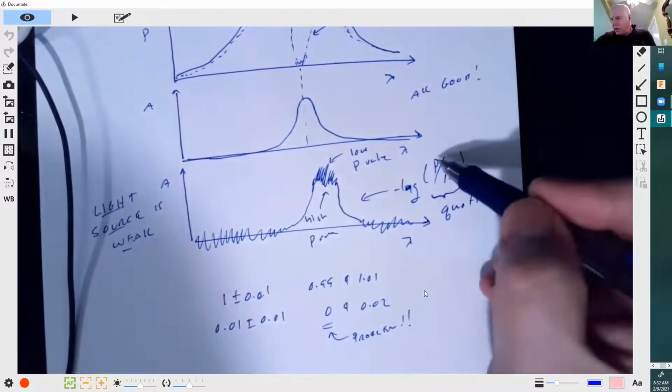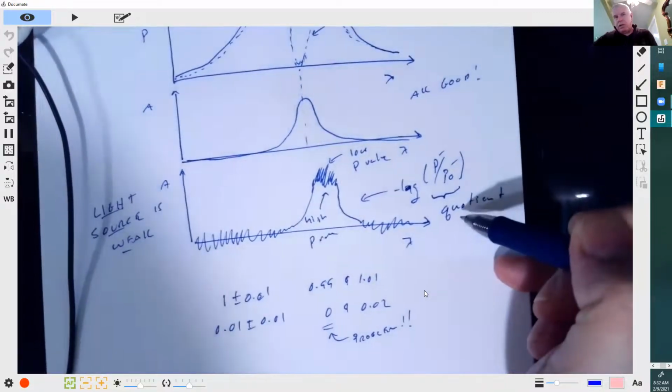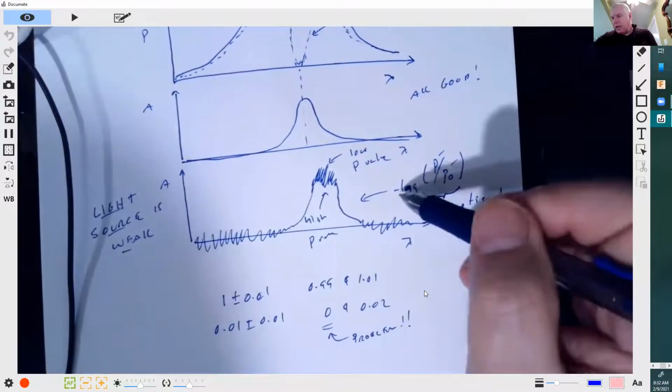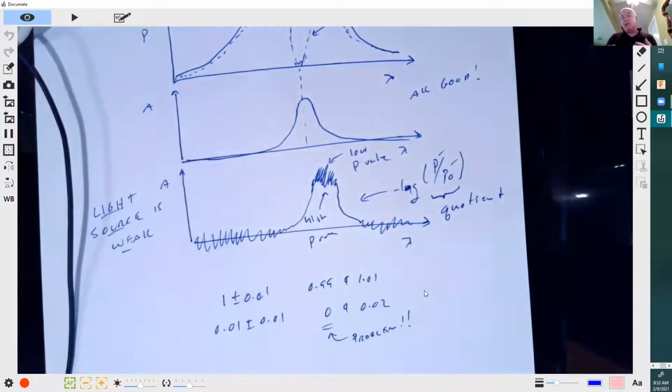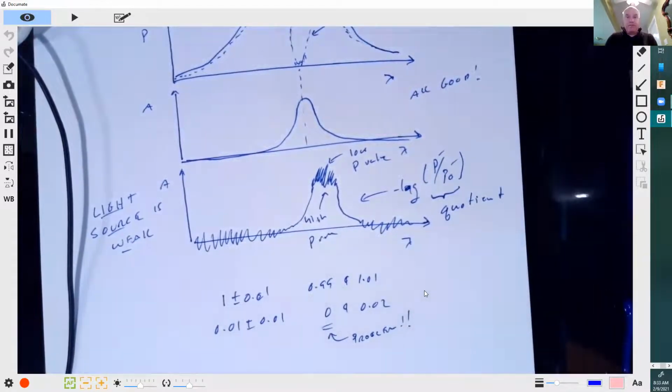If there's noise in P or P0, then there will be noise in the quotient. And if there's noise in this quotient, then the negative log of that actually can go to infinity, because the log of 0 is negative infinity rather.